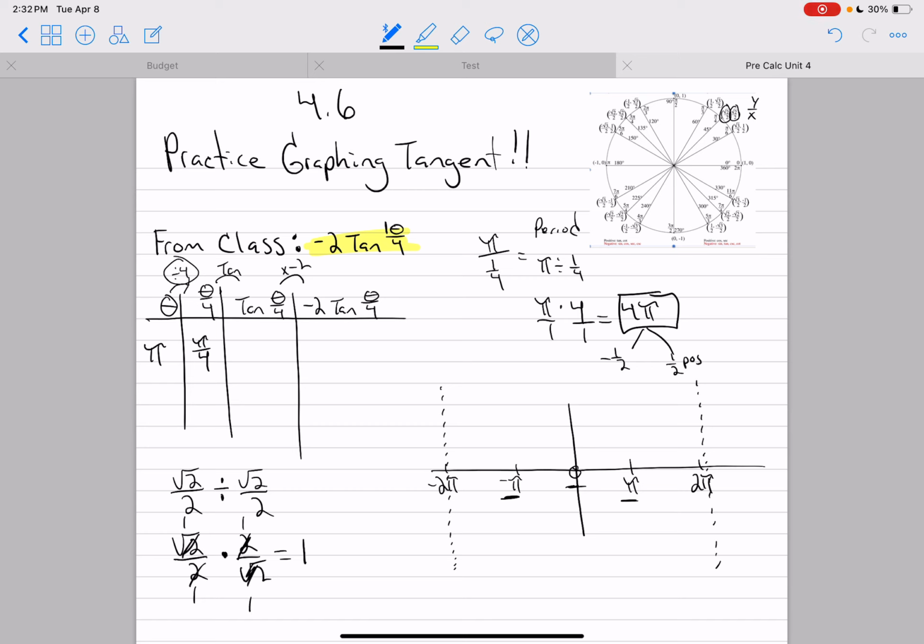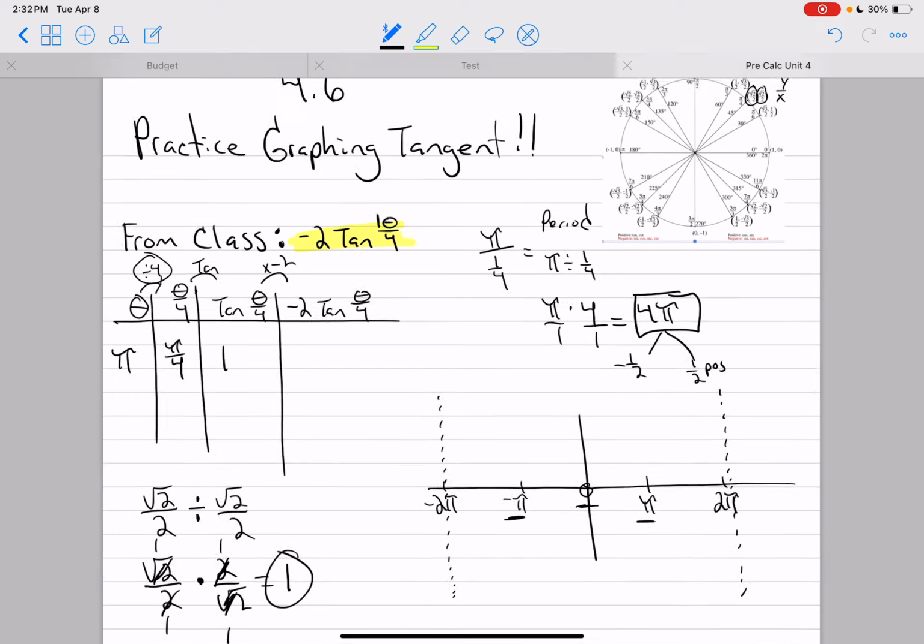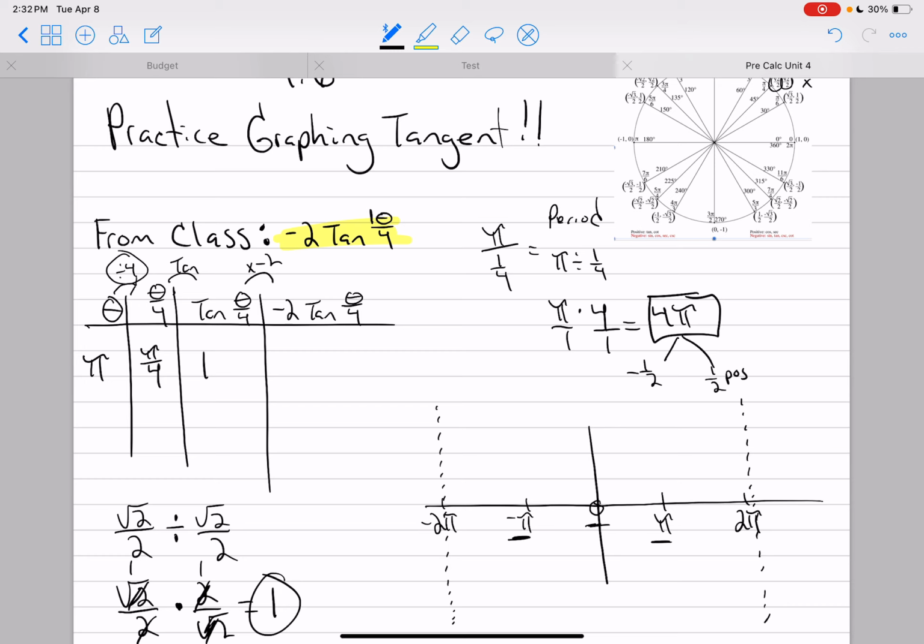So the tangent of pi over 4 is 1, which you already know because you did that multiple times in class. Now I need to take 1 and multiply it by negative 2. So 1 times negative 2 is negative 2. So what have I learned?